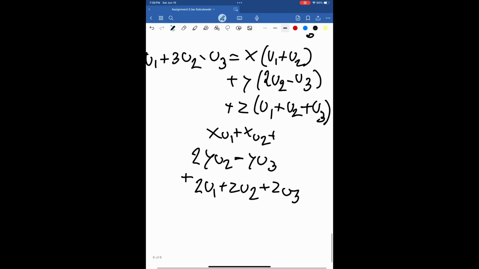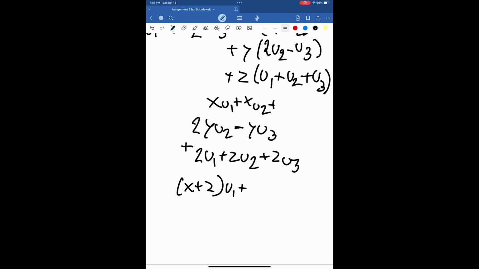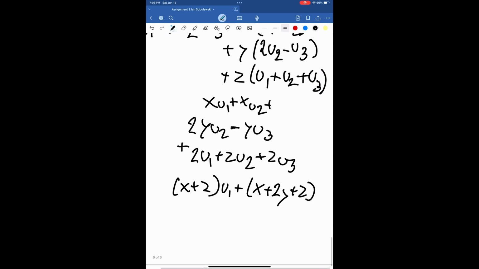So now we want to factor this, and I think it saves some time to just do it like this. u1 plus this. Two.